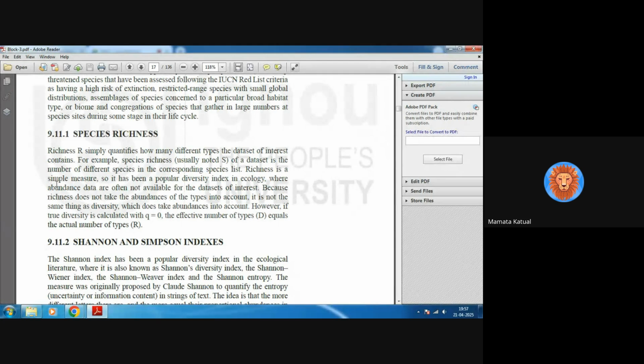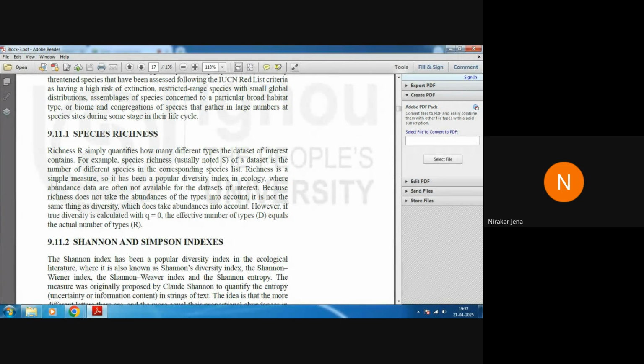And for the individuals of species A, if there are 5 species, A, B, C, D, E, we have to calculate how many individuals of species A are present in that particular area.